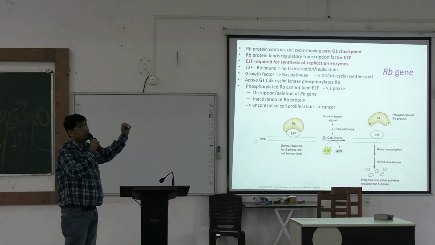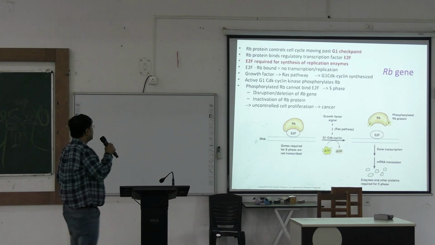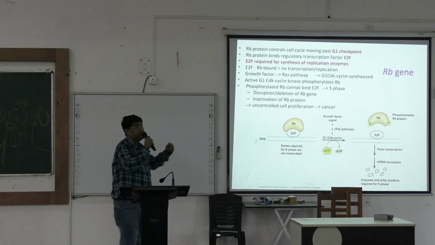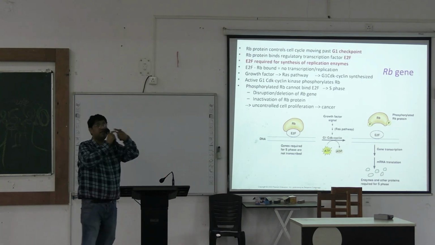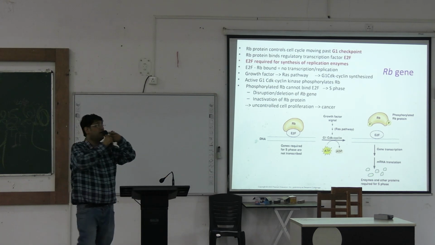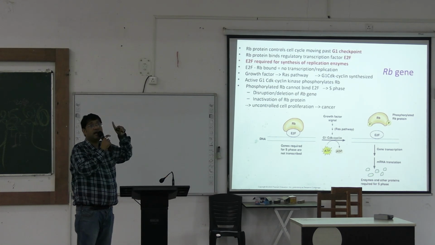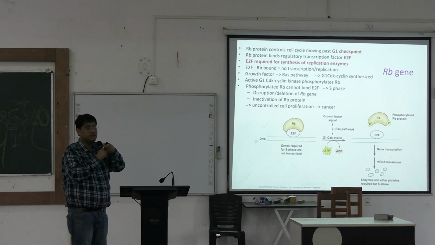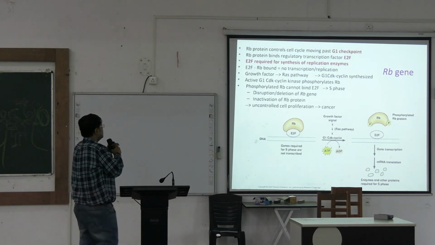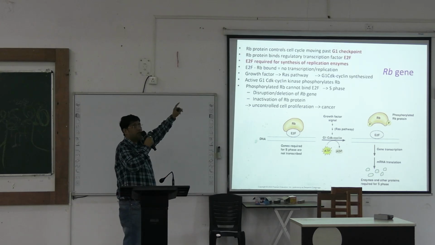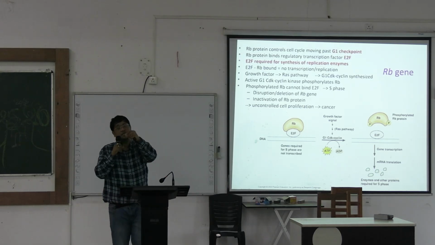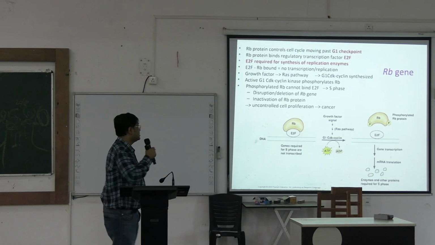If you can remember this much, this will suffice. Normally RB is binding with E2F, but here the phosphorylated RB is unable to bind with E2F. So it goes to the S phase. So the G1 checkpoint is crossed and it is going to the S phase.